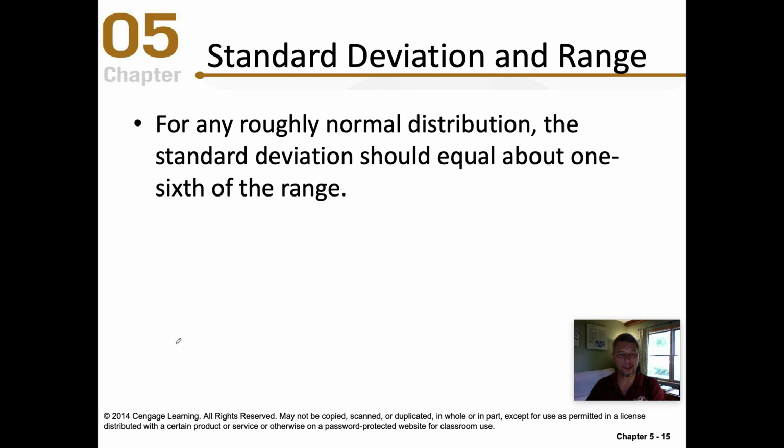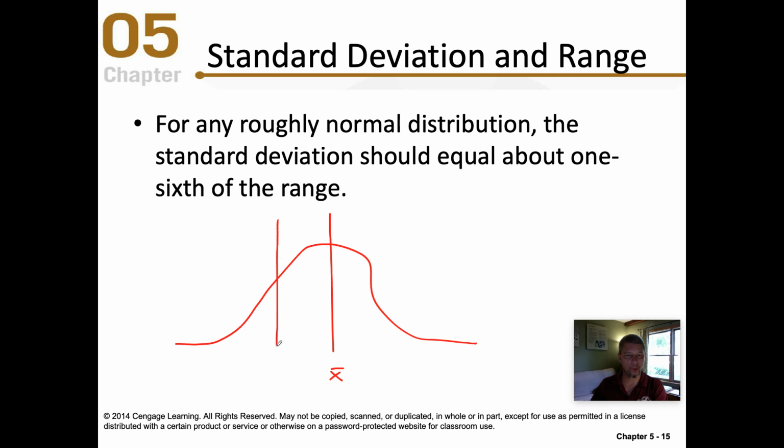So what that means is that if you take a normal curve, it's an ugly normal curve, but let's just pretend, where this represents the value of the mean, you should be able to divide it into 6 equal portions, 3 on the left, whoops, that should be a vertical line, and 3 on the right.